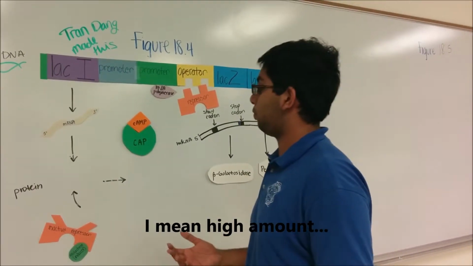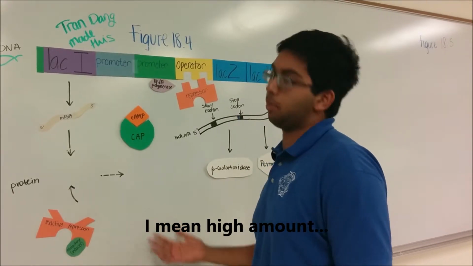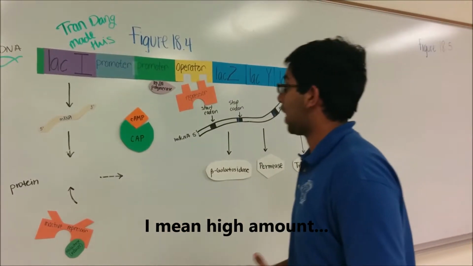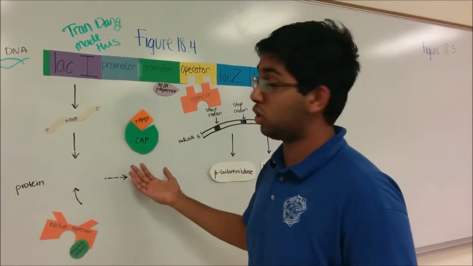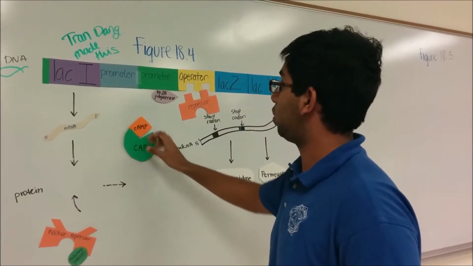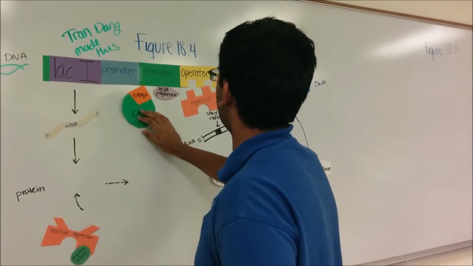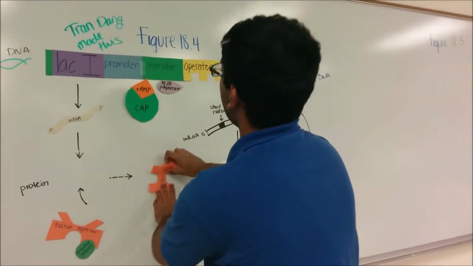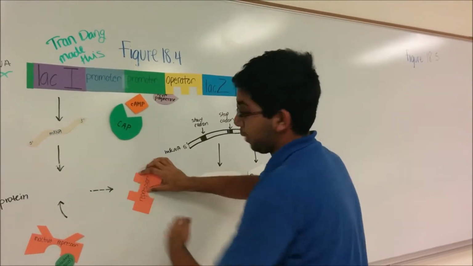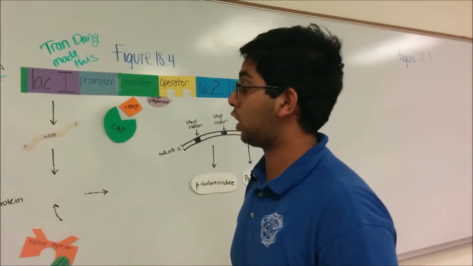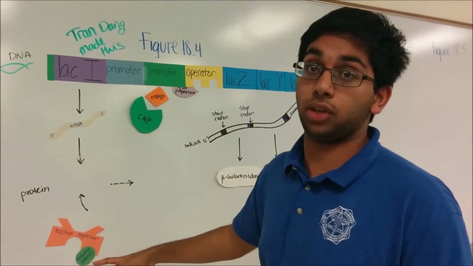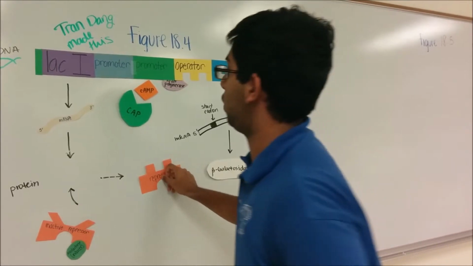And when there's a high amount of cAMP, sorry, it's able to bind to an activator protein called CAP. And when this activator protein is activated, it actually binds to this RNA polymerase, and it speeds up transcription of these genes. Keep in mind that this repressor is already inactive because of the amount of lactose inside the cell, as I said in the previous video.